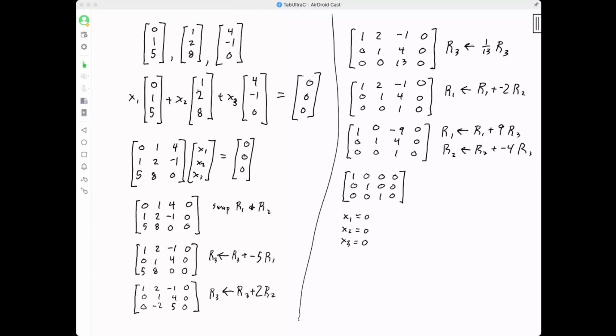So since the only solution is all zeros, these vectors are linearly independent.